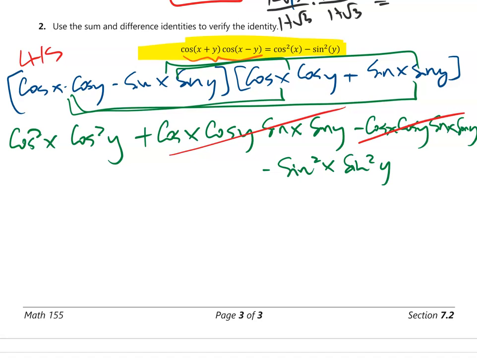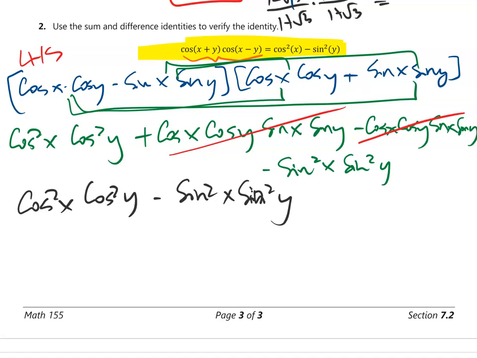So what do we have here? Cosine squared x cosine squared y minus sine squared x sine squared y. And remember, we want to verify that it is equal to the right side.